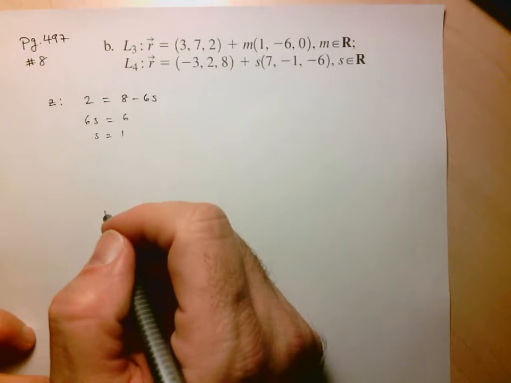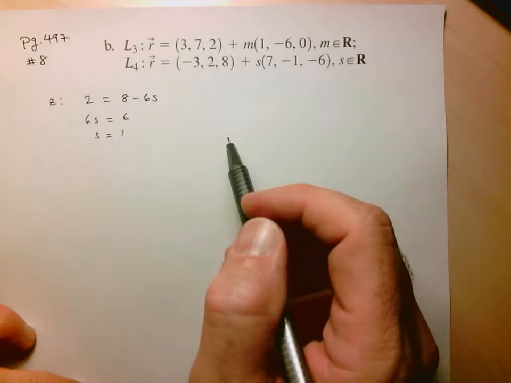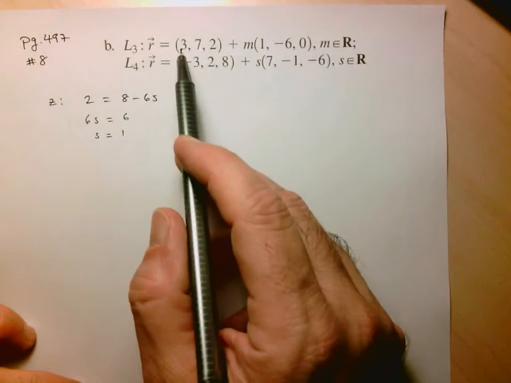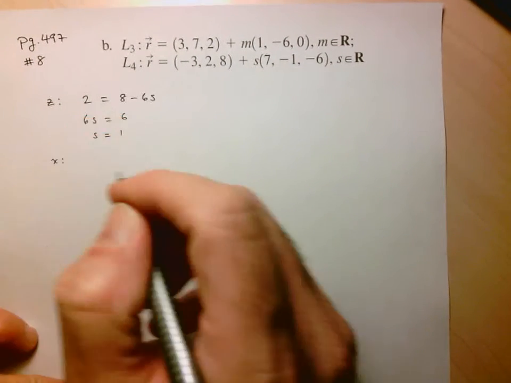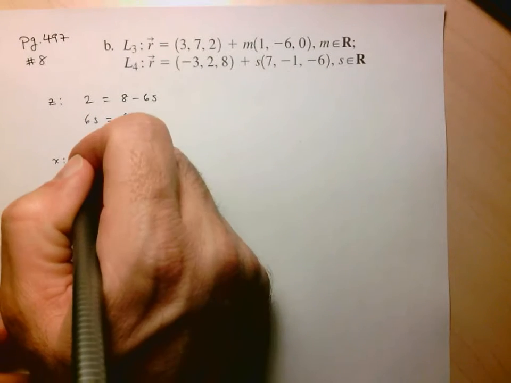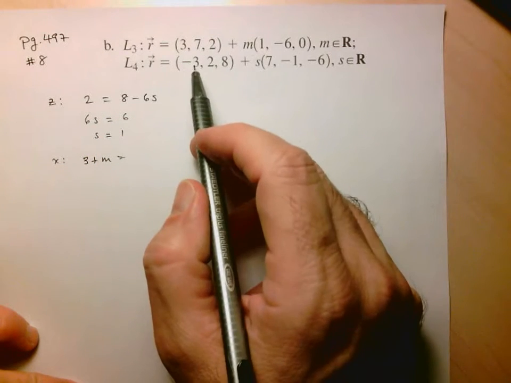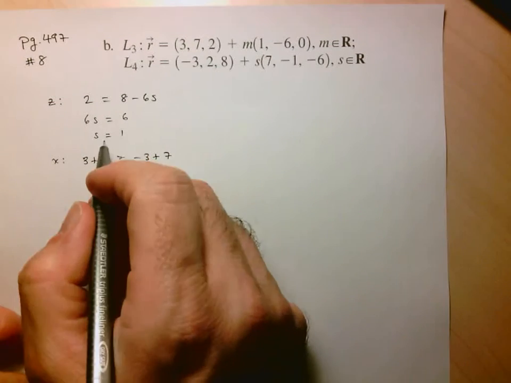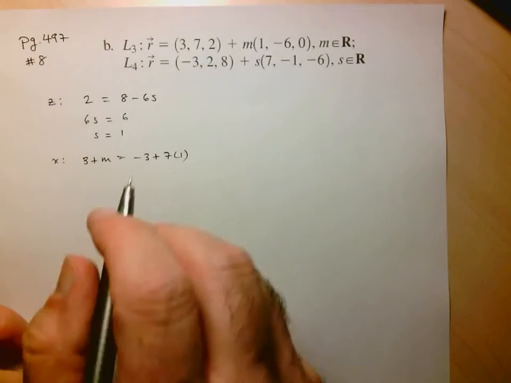Now I could take any one of the other components to solve for t. It looks like x is a little easier than y. So if I work with the x's, from the top equation I've got 3 plus m equals, from the second equation, negative 3 plus 7s, although I've already established that s is equal to 1, which makes it a lot easier.